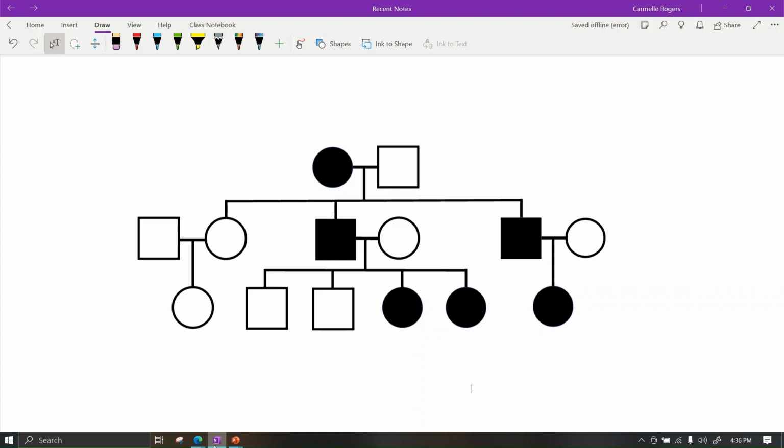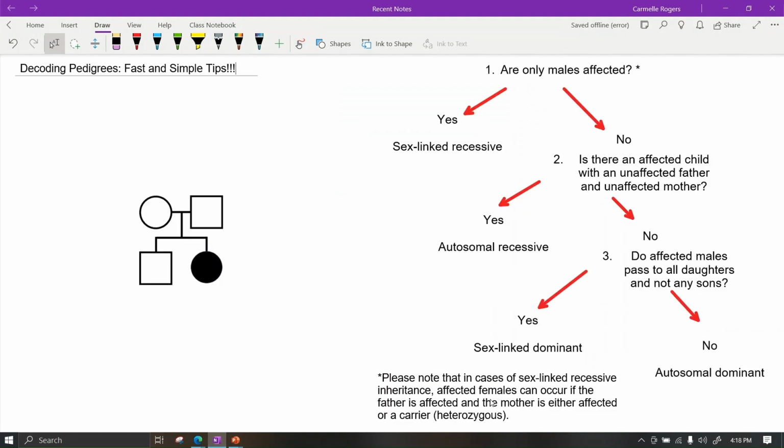Be sure to have your whiteboards handy. You can also use some scratch paper and something to write with. It can help you to process these questions. With pedigrees, the shaded shapes represent individuals who are affected with a disease. For instance, this black circle would be an affected individual.